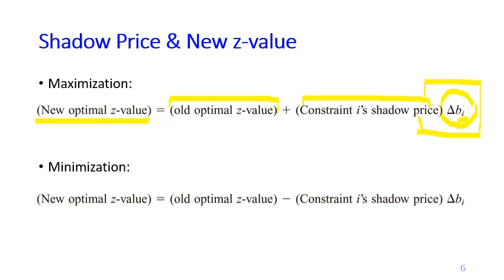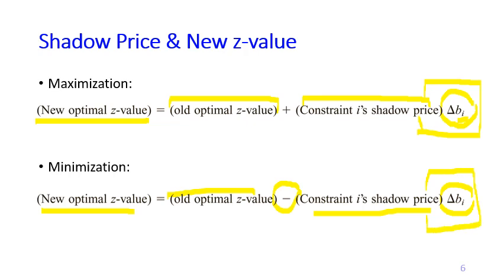Similarly, for minimization, the new optimal z value may be obtained from the old z value minus the constraint i's shadow price times the change that we make to the ith constraint. Again, remember that this change must be in the boundaries such that the current optimal basis remains optimal.